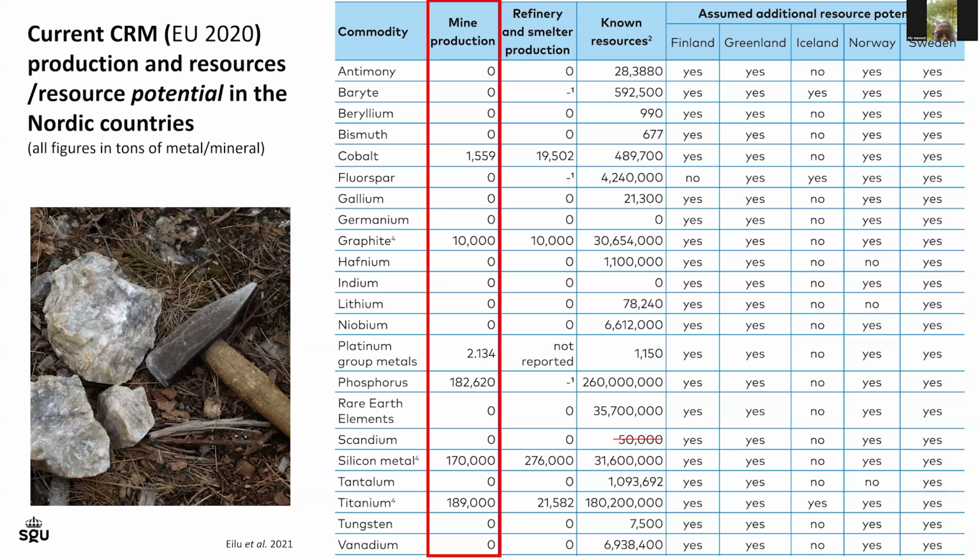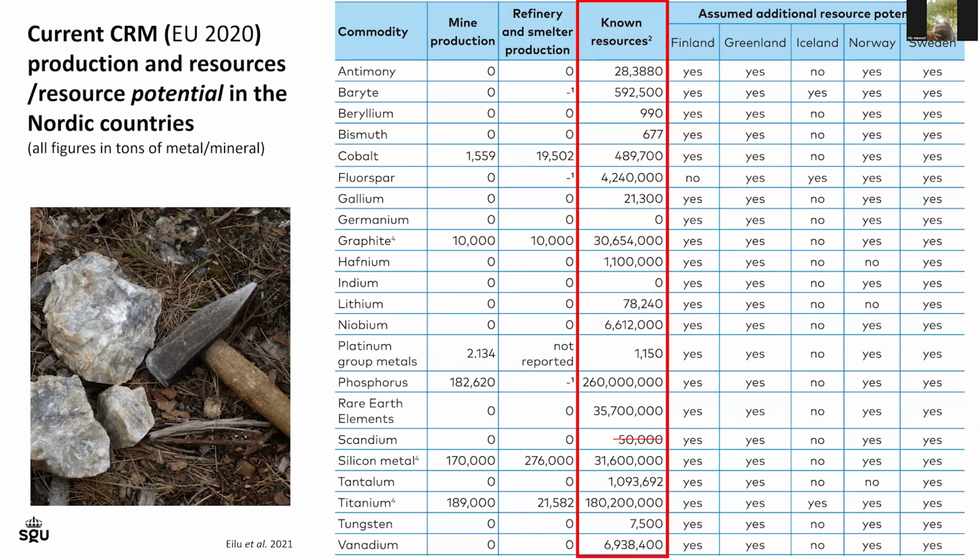More interesting perhaps then is to move on and to go to known resources. Now compare this column to the known mine production, and we see some great contrasts. And these are just conservative numbers. We have not included uncertain resource numbers here, only the ones where we have relatively good resource calculations available.